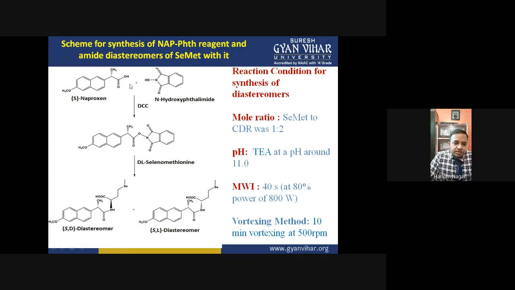By the condensation reaction between the carboxylic group and the hydroxy group, there is formation of an ester group. So this is the ester, right? And this is the chiral derivatizing reagent formed by the reaction of N-hydroxyphthalimide and S-naproxen.